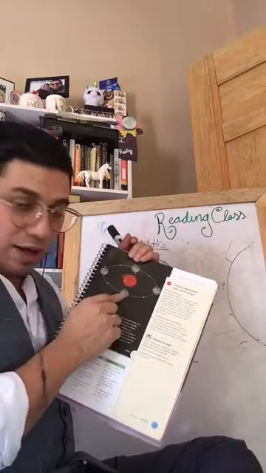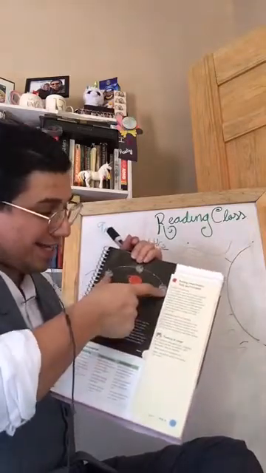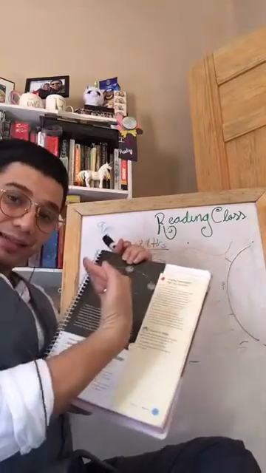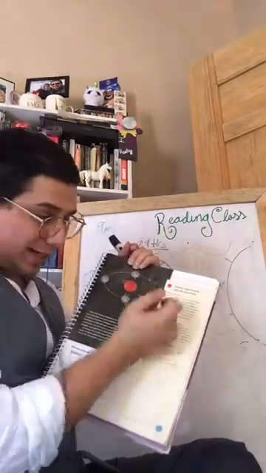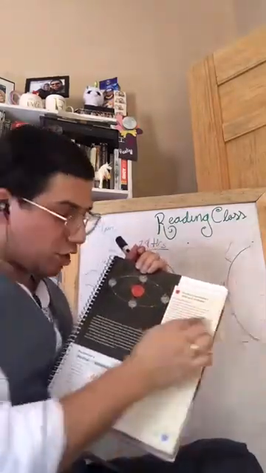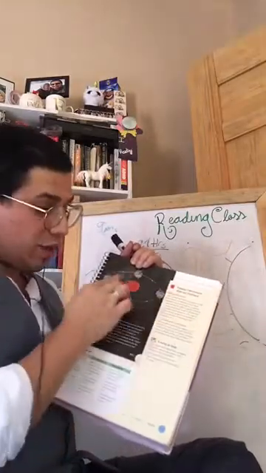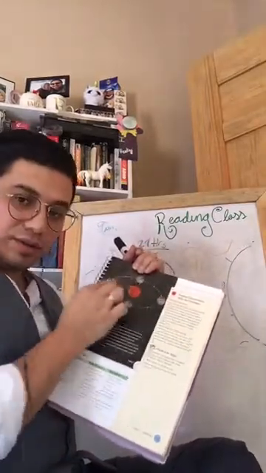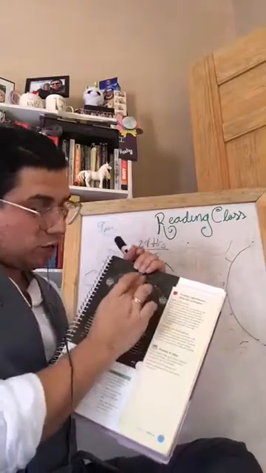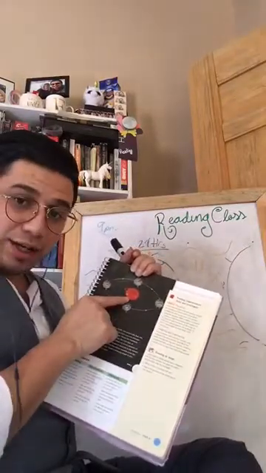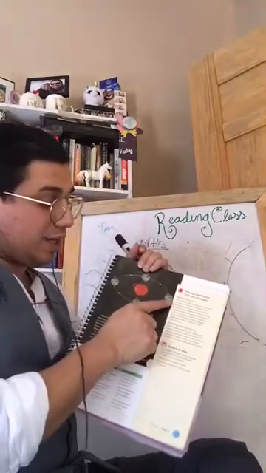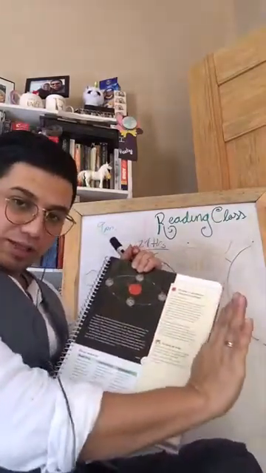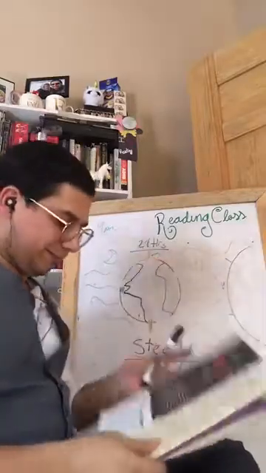But when we are in this area and we tilt, we have summer over here, and when it's tilted like this and we're farther from the sun, we have winter. So we go around in circles. The closer that we get to the sun, the hotter the weather will get, and the farther that we get from the sun, it will be colder.